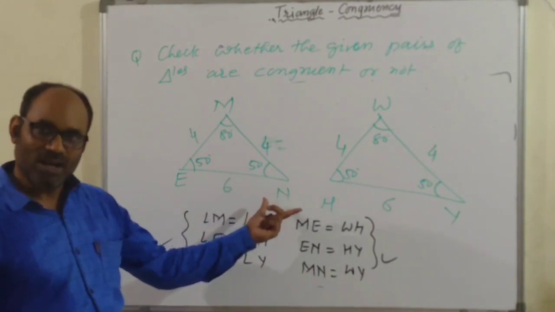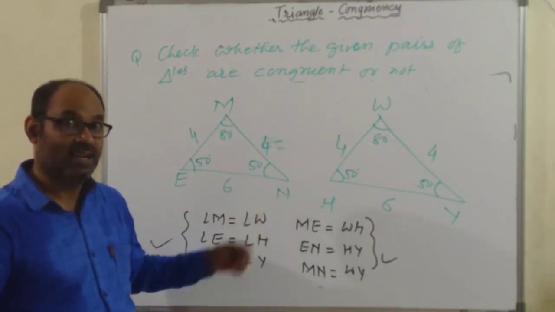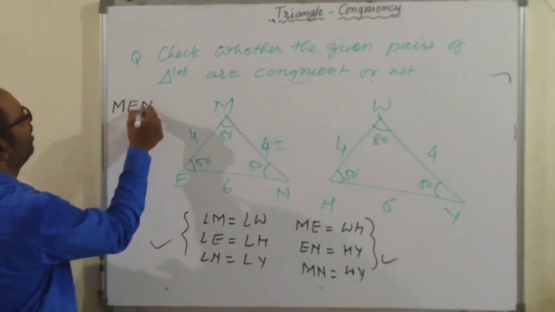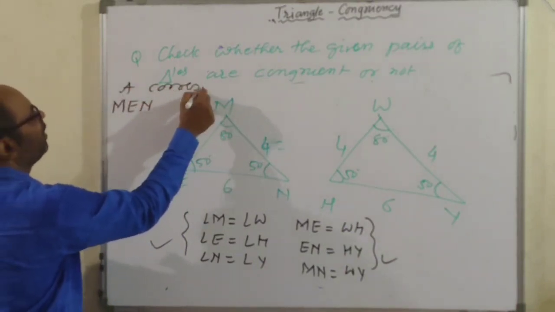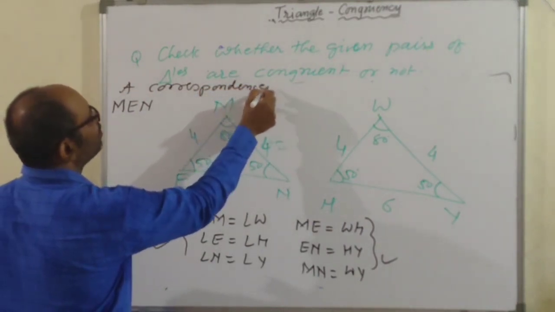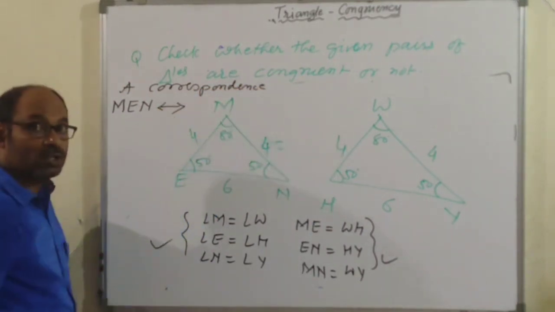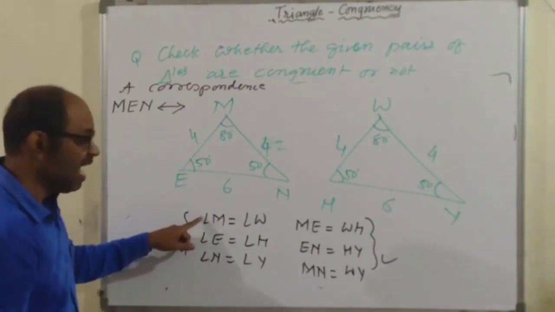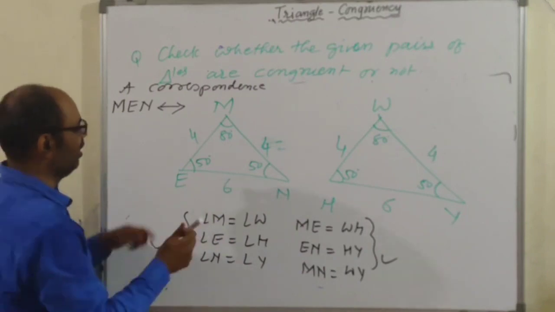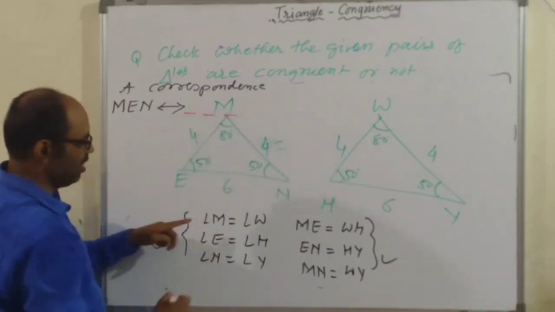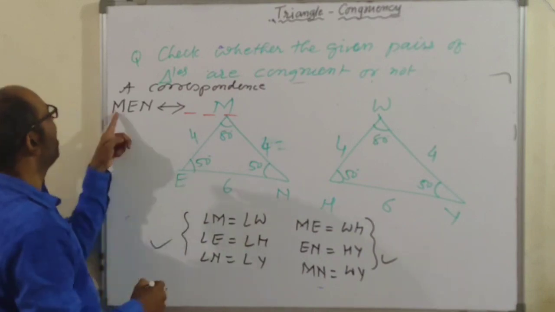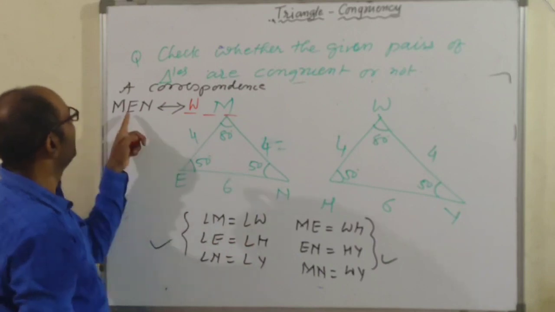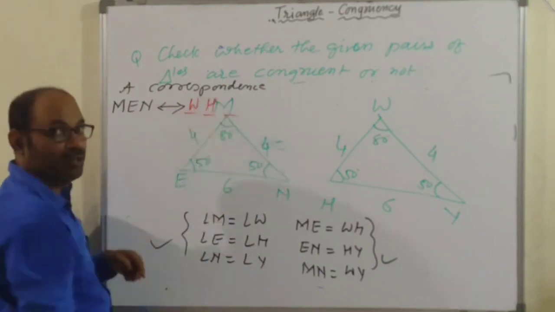So one of the correspondences, not all 6. Now, which correspondence? I am writing here MEN corresponds to. From the angles you get the direct correspondence. M corresponds to W. M is in the first order, so W should be in the first order. E corresponds to H. E is in the second order, so H should be in the second order.